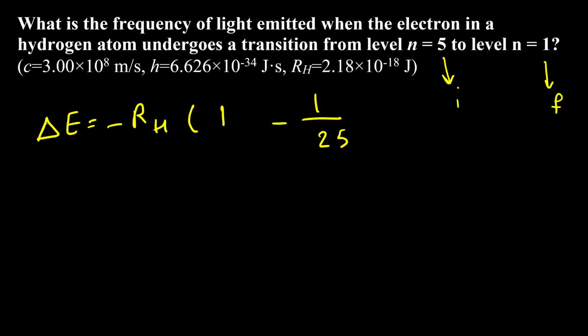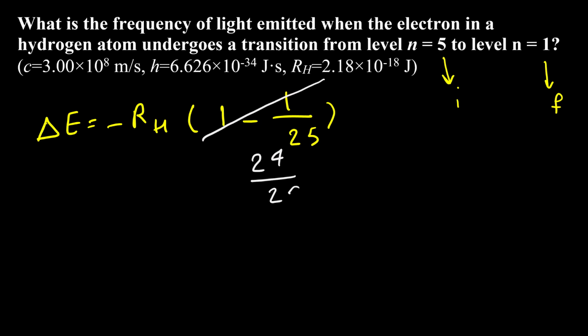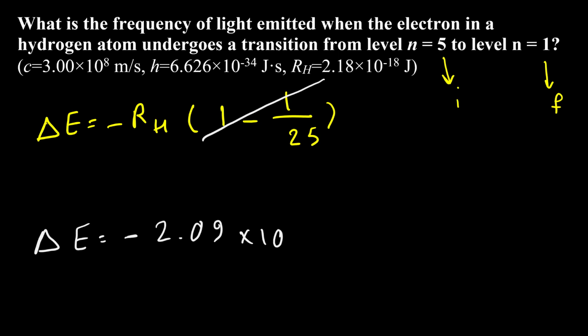So inside the parentheses we have 1 minus 1/25. The value of this subtraction is 24 over 25. So delta E is equal to negative Rydberg constant times 24 over 25, which is equal to negative 2.09 times 10 to the negative 18 joules.